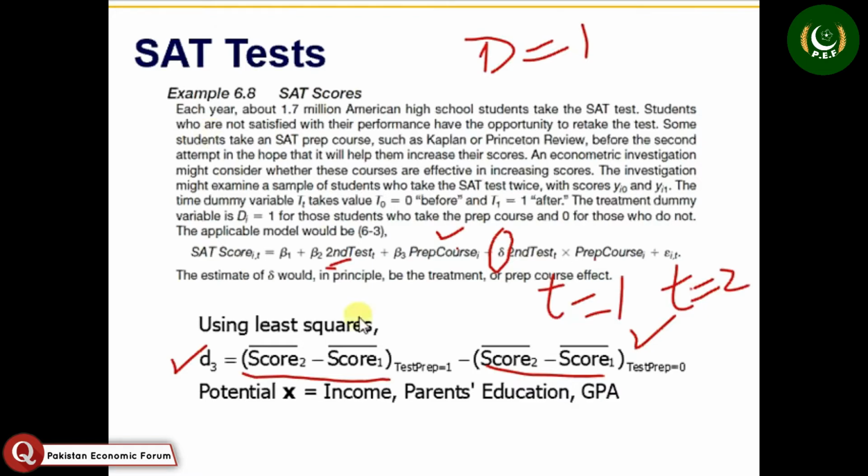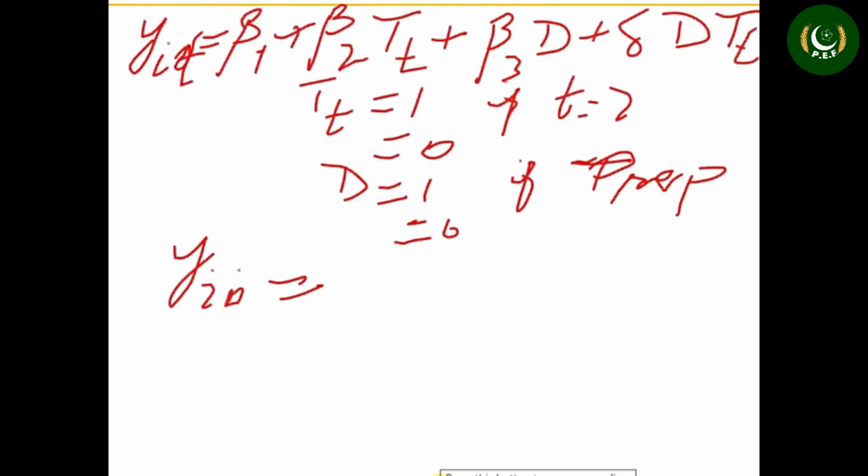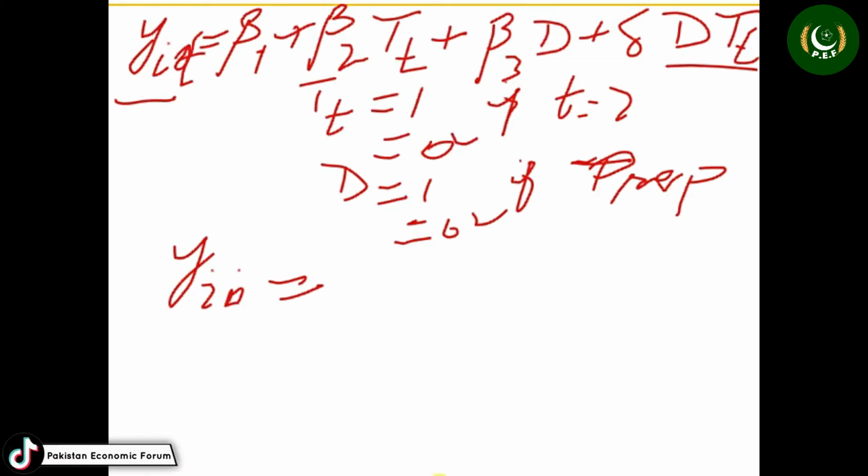Okay. So you see we have y_it equals beta 0 plus beta 2 T plus beta 3 D, and its interaction, plus epsilon. T is equal to 1 if time period 2, 0 if time period 1. D is 1 if you have taken the preparatory course, 0 if you have not. So if you have not taken the prep course and you are at time period 1, it will be only beta 1 because both are 0.